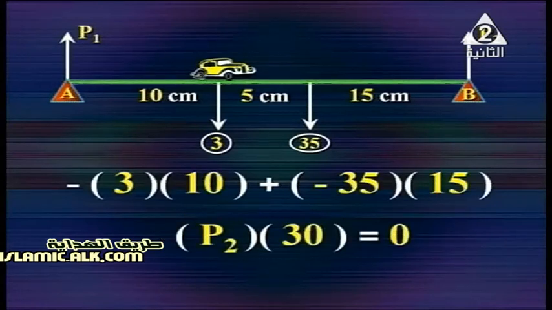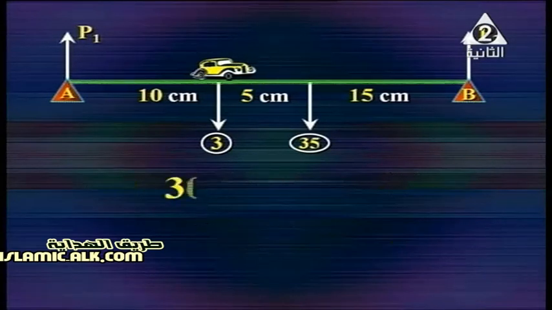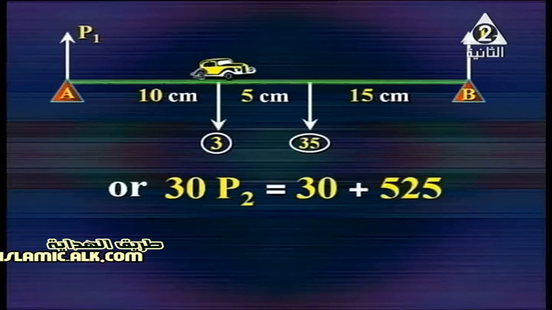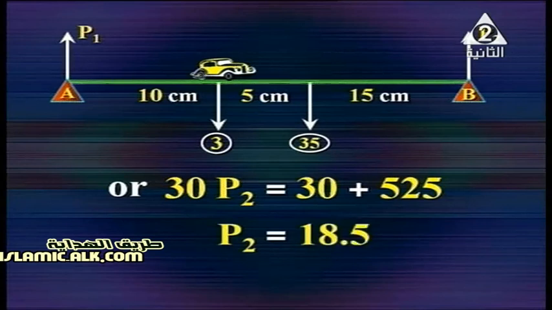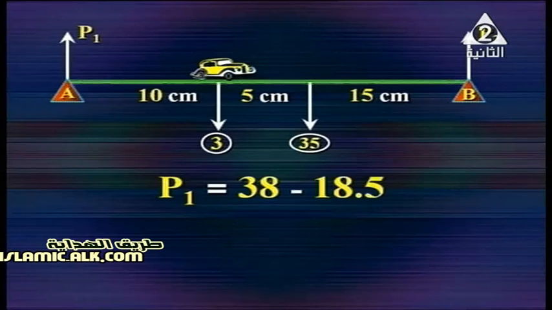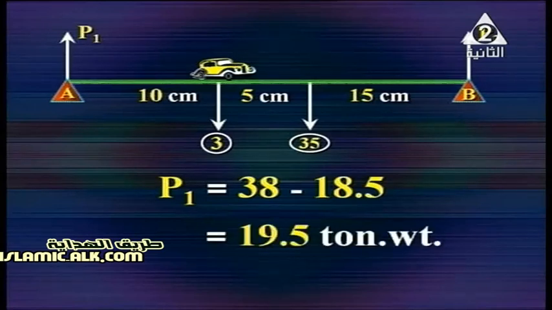Therefore, 3 times 10 plus 35 times 15 minus B2 times 30 equals 0. Therefore, 30 B2 equals 30 plus 525. We find the value of the pressure B2 to be 18.5. After that, by substitution, B1 equals 19.5 tons.